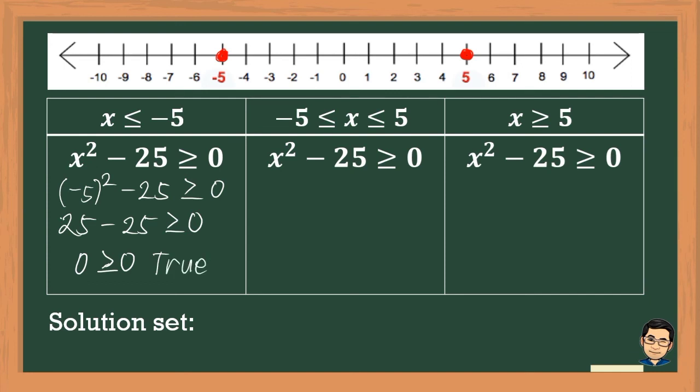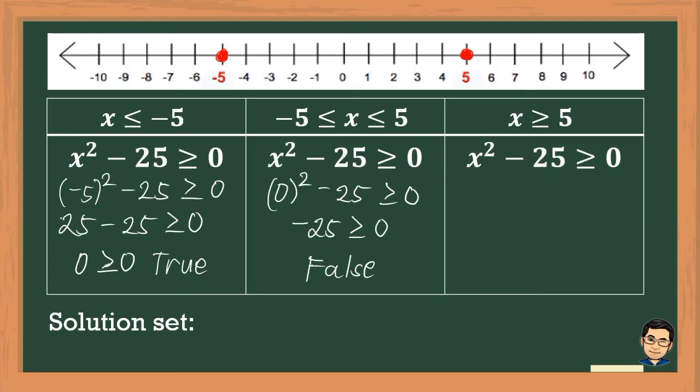Next, between negative 5 and 5, kunin natin yung 0. So, 0 squared, that is 0. So, matitira lang po is negative 25 is greater than or equal to 0, which is false. 0 is greater than negative 25. Not negative 25 is greater than or equal to 0.